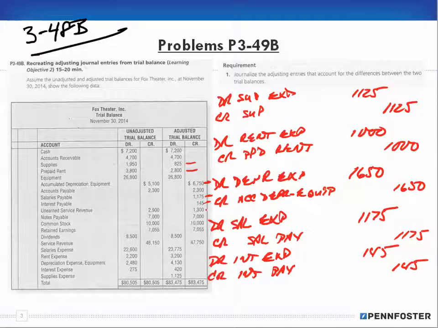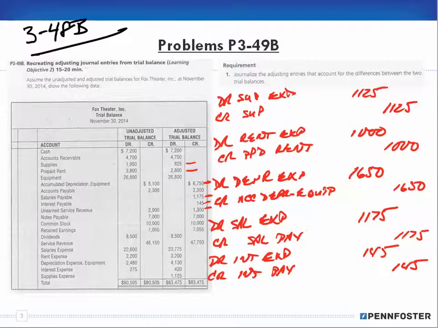Now I have unearned service revenue. Notice that my unearned service revenue went from a credit of 2,900 down to 1,300, meaning we owed the money. Someone gave us money to perform a service which we hadn't performed yet, but we performed the difference between the two. In this case, 2,900 less 1,300 is $1,600 of service we actually performed.